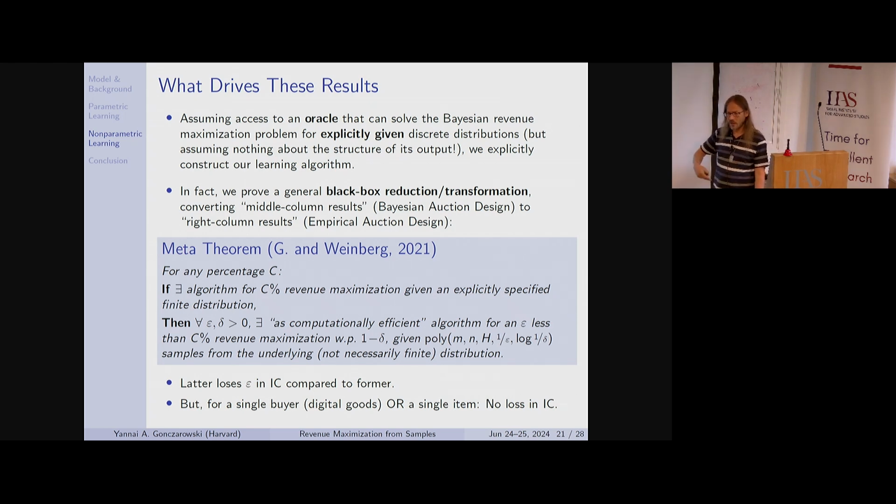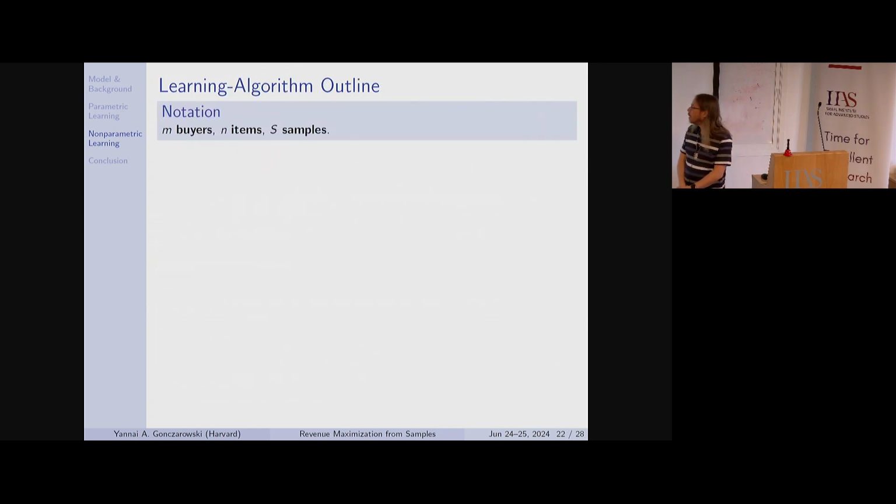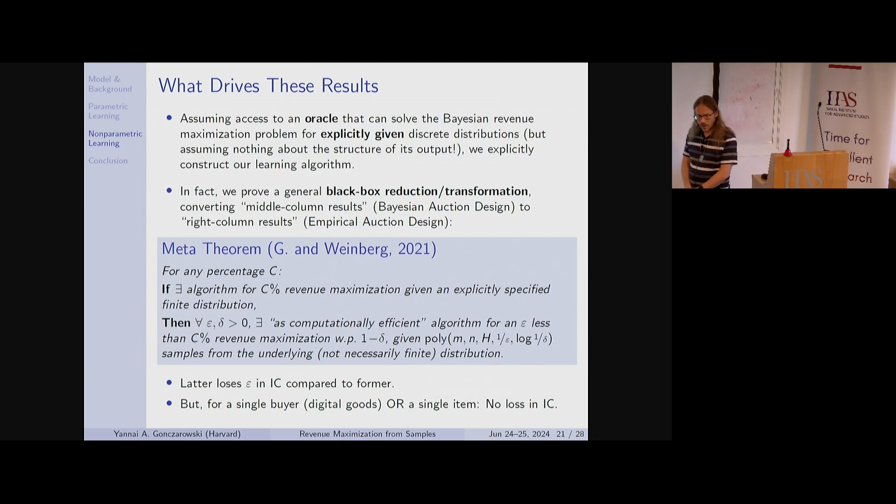Essentially, they're facing one buyer at a time because they don't have supply constraints. So that is captured by a single buyer. So I'm going to give you an outline of the proof of this. Questions so far?